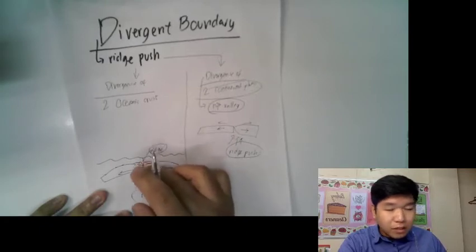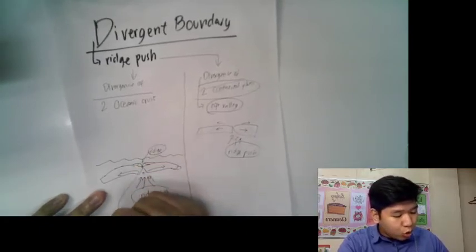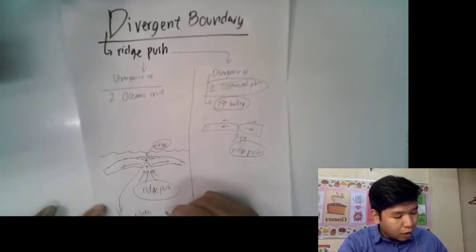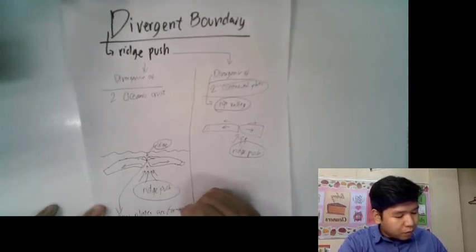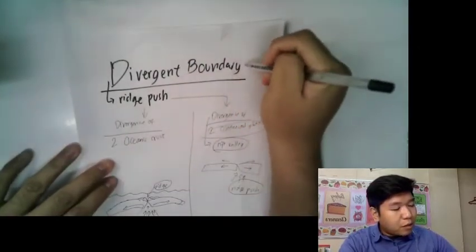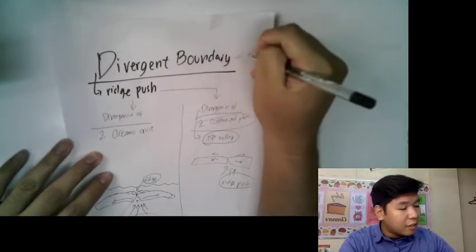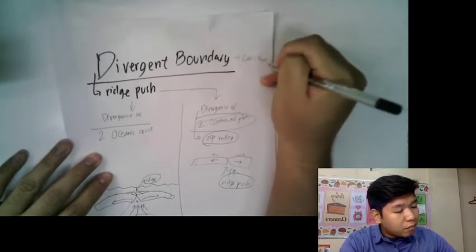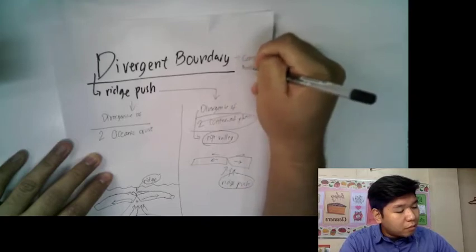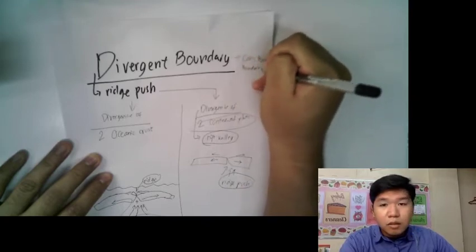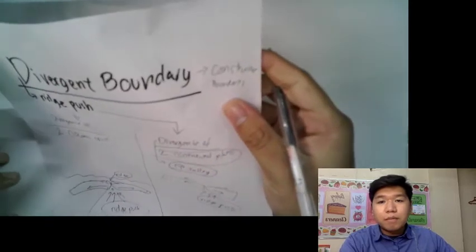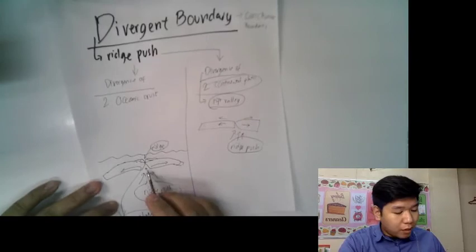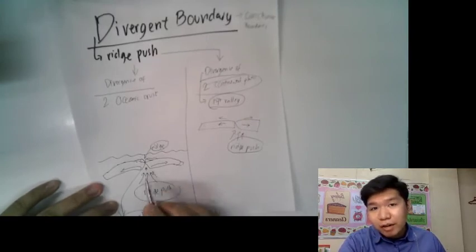And in the middle of this, new plates are formed. That's why divergent boundaries are also called constructive boundaries, because they create new tectonic plates.